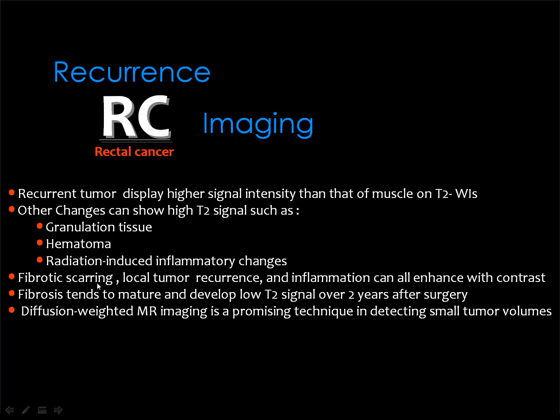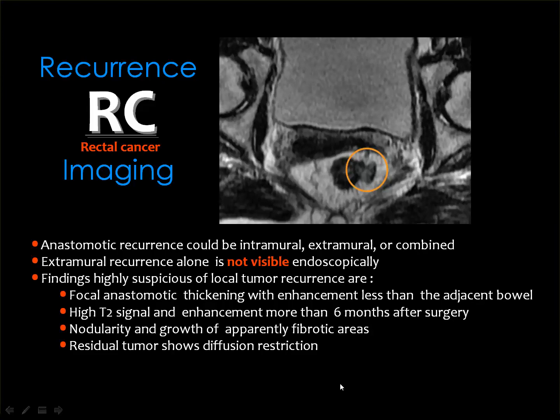Fibrotic scars, local tumor recurrence, and inflammation are all enhanced with contrast injection. Fibrous tissue may mature over years and become of low signal intensity. Diffusion weighted imaging is one of the helpful techniques to assess for tumor recurrence.